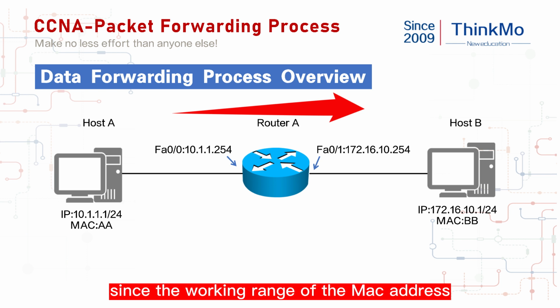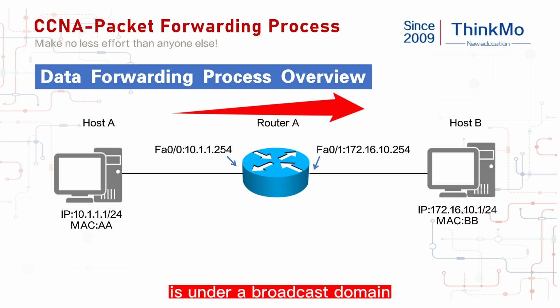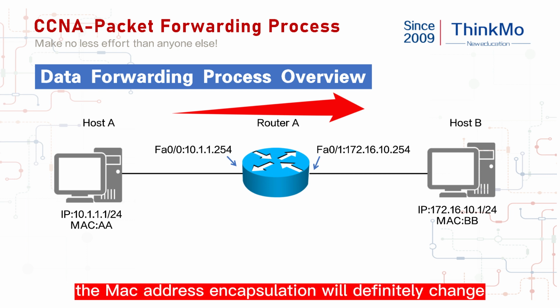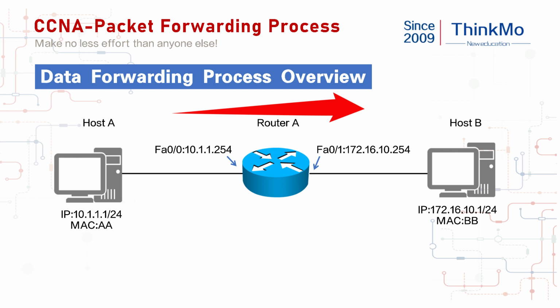Since the working range of the MAC address is within a broadcast domain, different interfaces of the router are different broadcast domains. That means once the data crosses the router's interface, the MAC address encapsulation will definitely change.